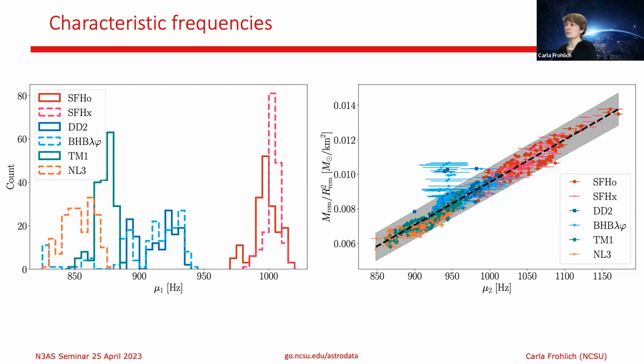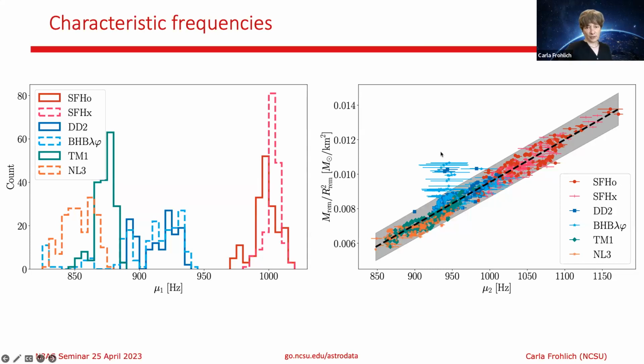So again, from this, we would not expect to be able to distinguish, say, DD2 or BHP lambda phi, the two shades of blue, but potentially we can distinguish between an SFHO or SFHX type equation of state and a TM1 or NL3 type equation of state.